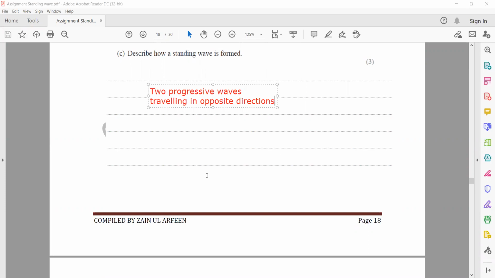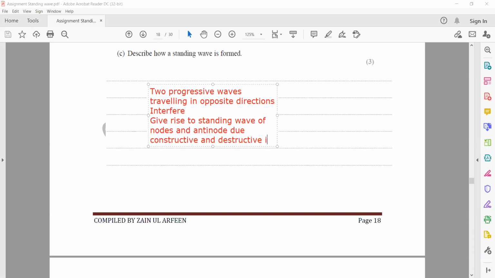The two progressive waves which are traveling in opposite direction interfere and give rise to nodes and antinodes due to constructive and destructive interference.